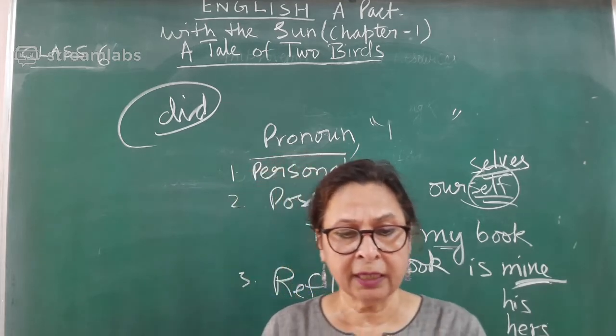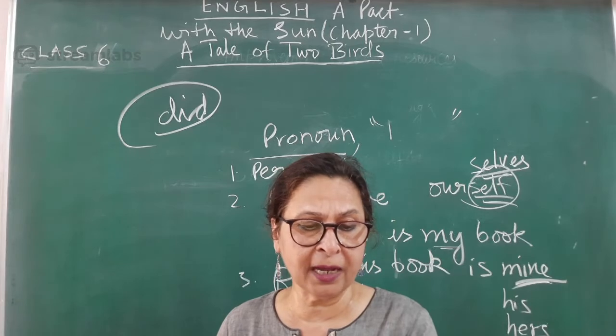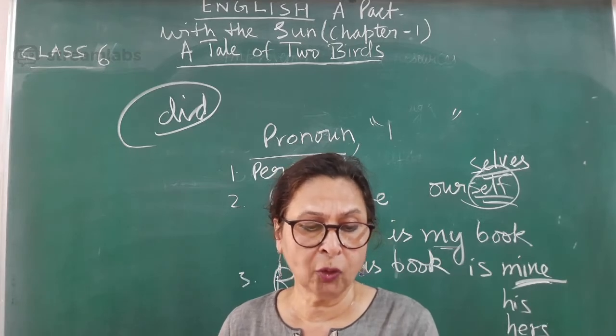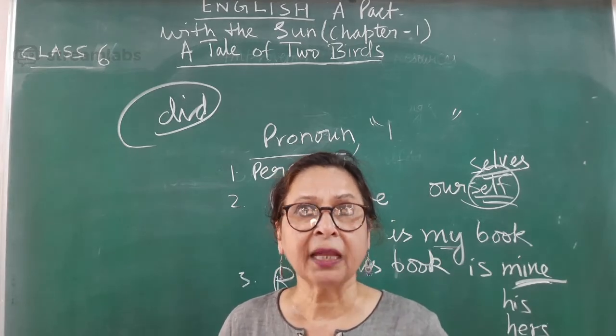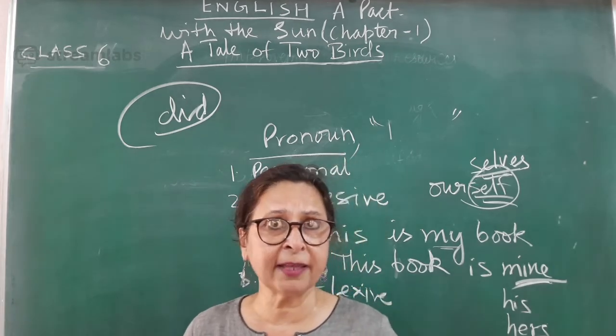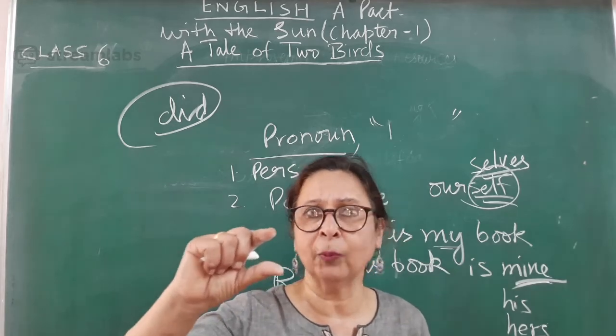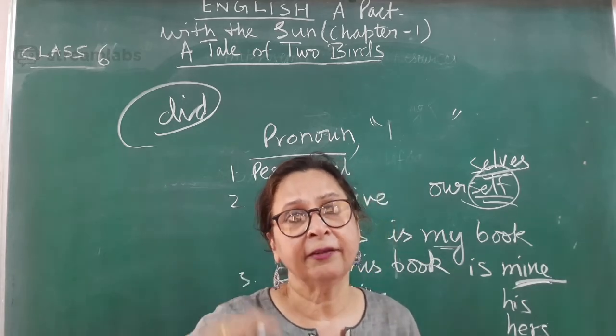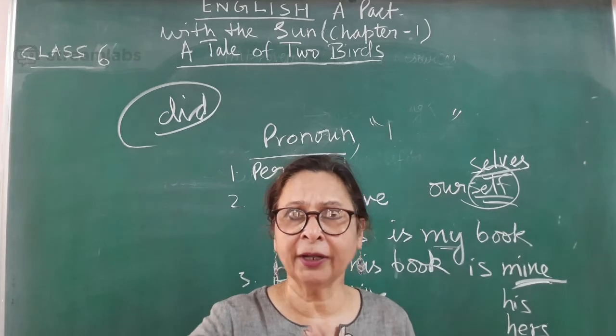Now there is one question. Ma'am, we have to make another notebook for the book Pact with the Sun. Yes, I had told you that you can make one, but for those children who have not made a separate one, it's better you keep one thick notebook and divide it.